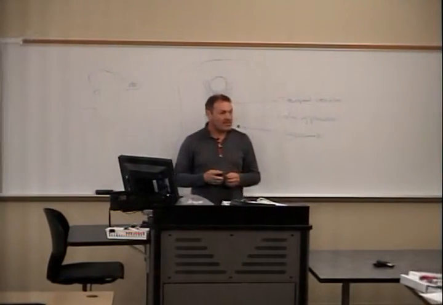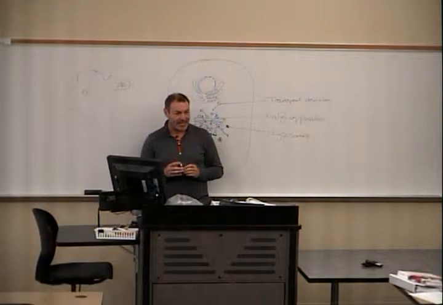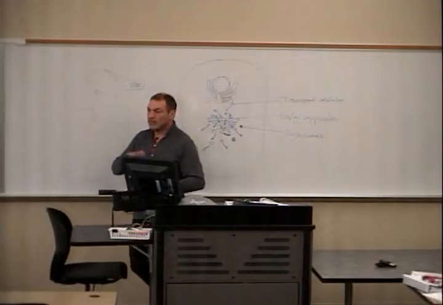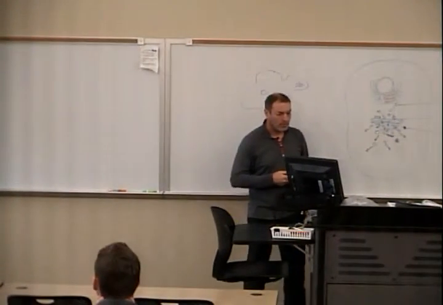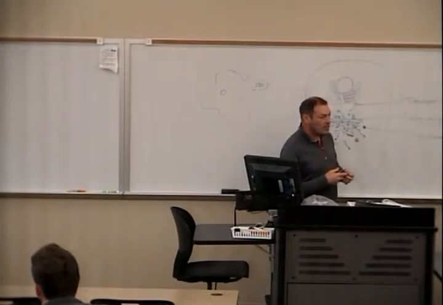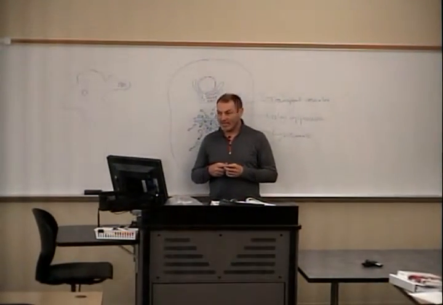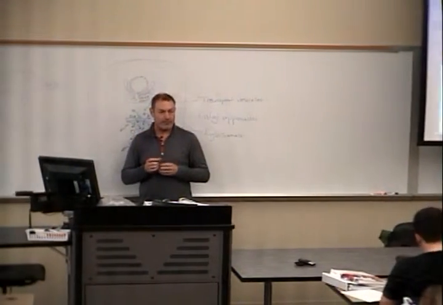Now that process is called autophagy. Auto means self, phagy means eating, self-eating. So you can use the lysosomes to recycle things in the cell. Half of your liver cells' macromolecules are recycled each week, broken down into their monomers and built up into something different.